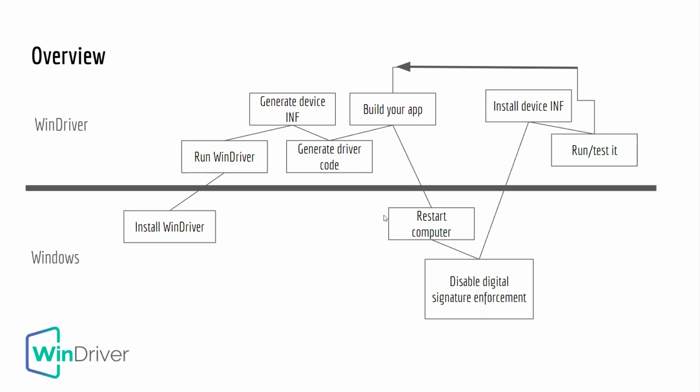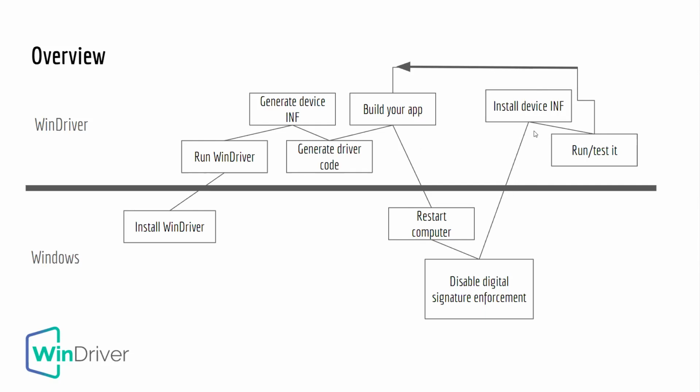I will go through every part of it soon, but this is just a quick overview if you are already familiar with the process. And then if you had a crash or a hang, or you just end your day and reset the computer, you will have to restart the computer again in order to install the device INF, which is not digitally signed yet, because it is new, it is still in development.